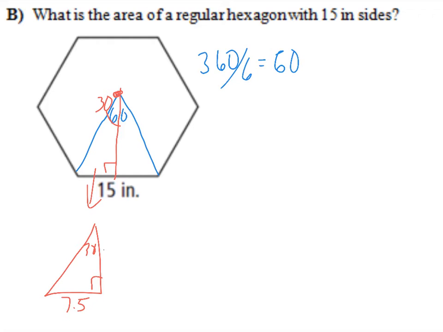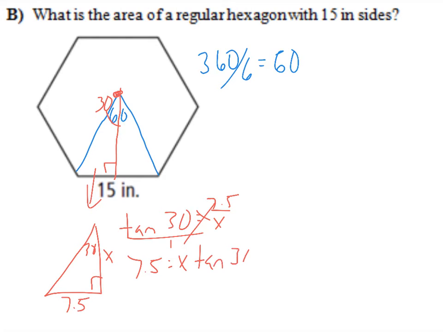So I am looking for this length here. Again, we can use tangent. The tangent of 30 is equal to the opposite over the adjacent. Cross multiply. I get 7.5 is equal to x times the tangent of 30. Divide both sides by the tangent of 30.